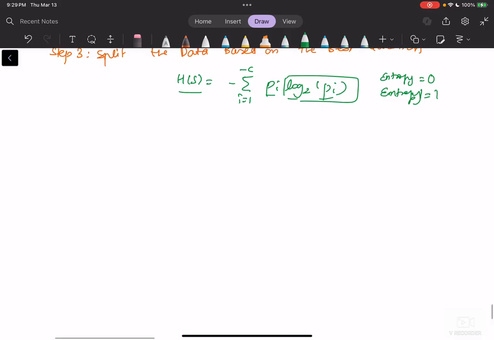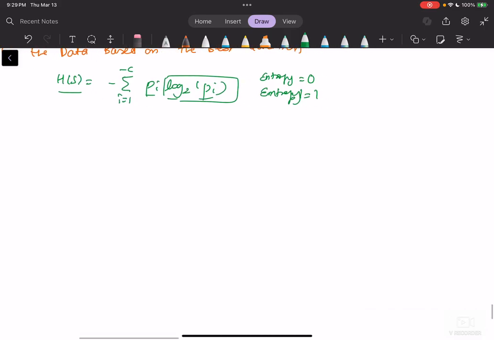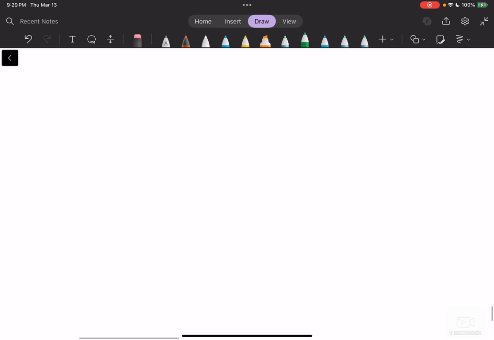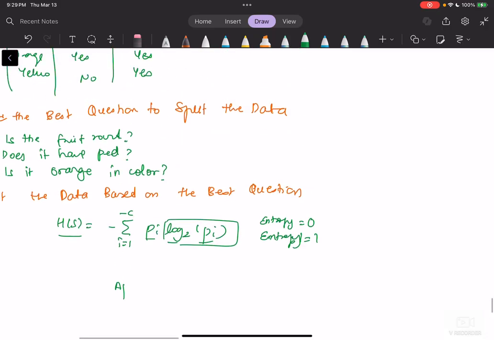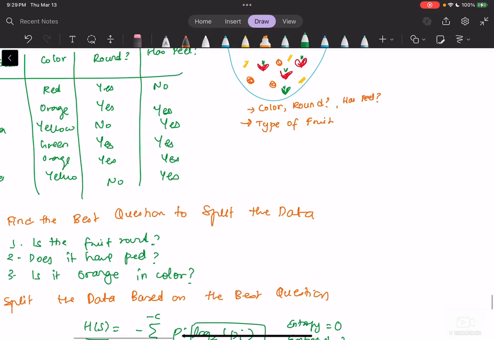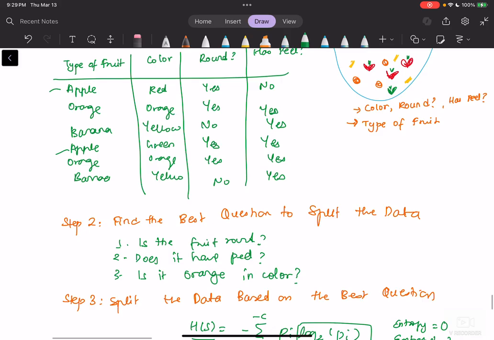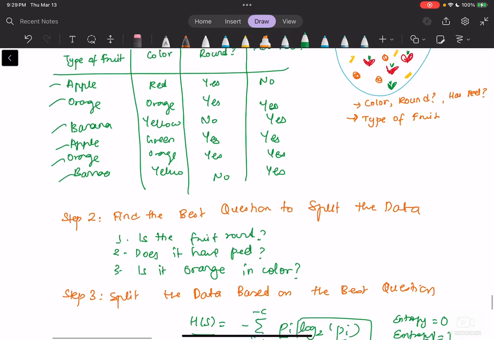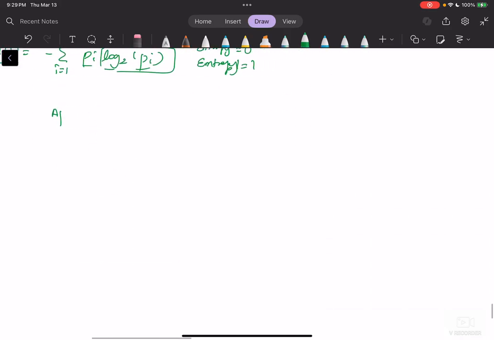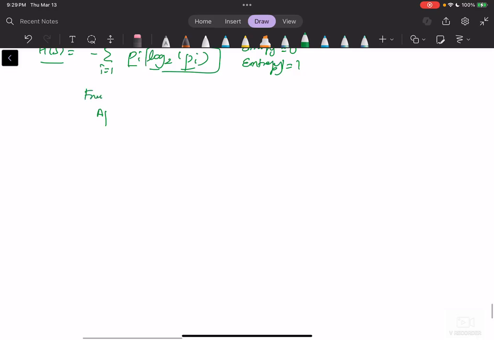Okay, so let's walk through an actual example so that it's clearer. Suppose we have 2 apples, 2 oranges and 2 bananas, right? So it could be fruit and then count: apple, orange, banana, and I have 2 of each.